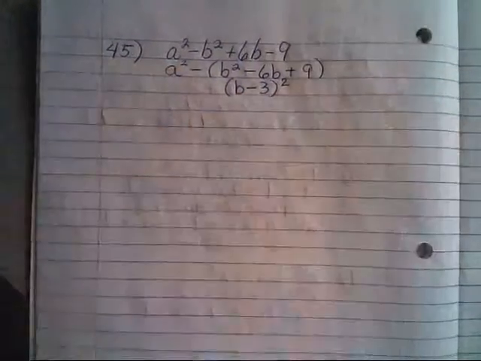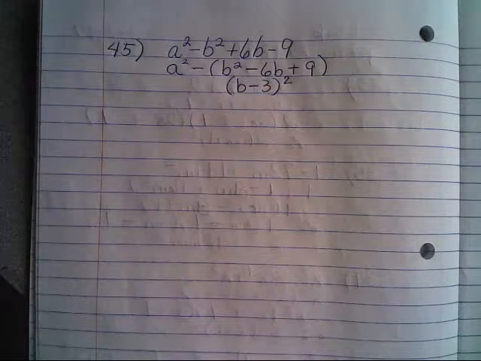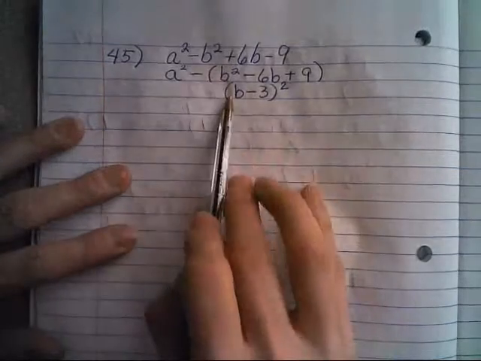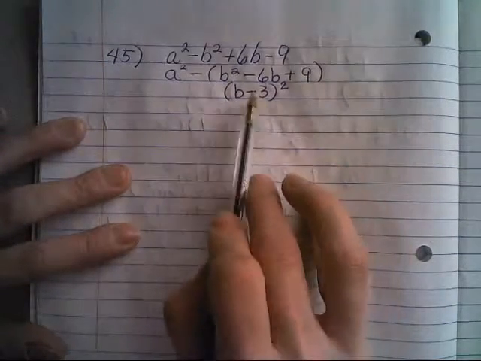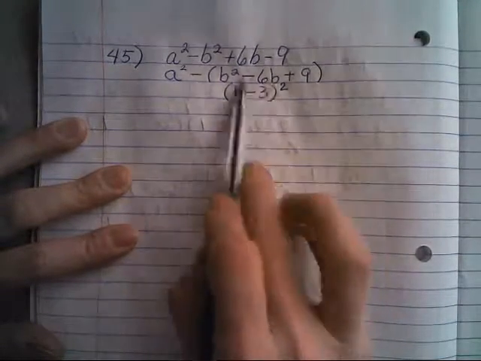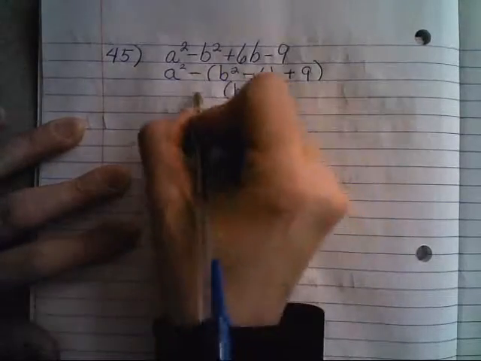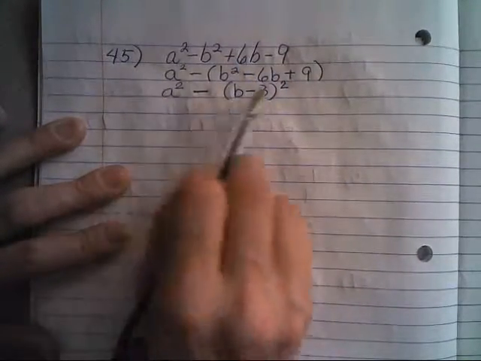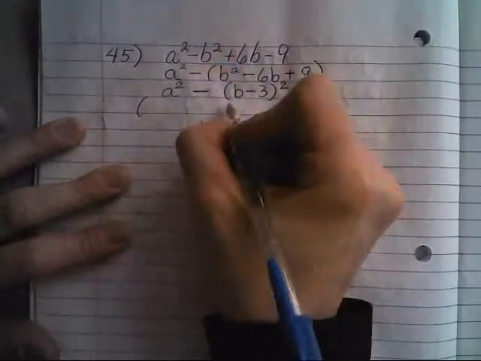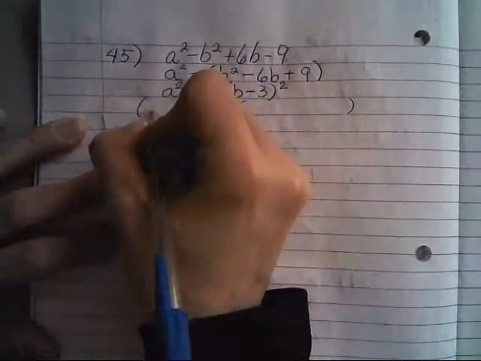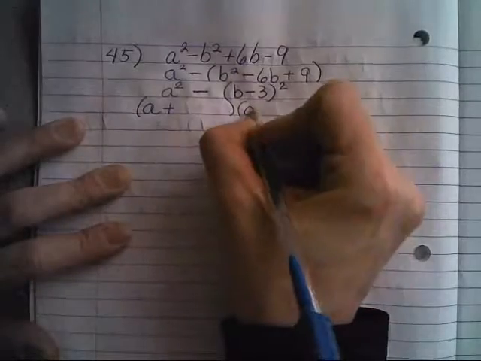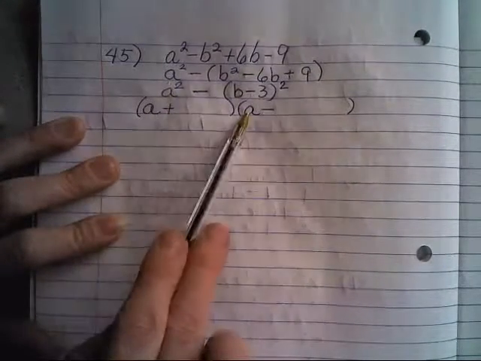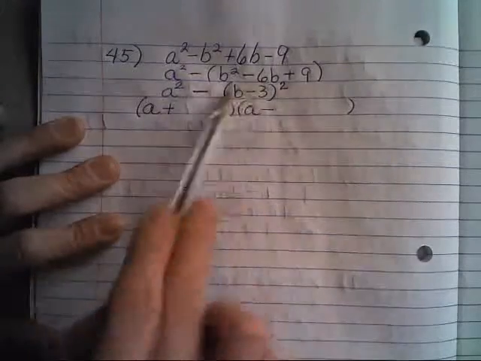And I know you're thinking, how do you know that so fast? Well, I've done these a few more times than you. But the square root of this is that, the square root of this is that, and it has to be a negative to be doubled and create that. Again, we now have a difference of two perfect squares. Here's the factor: a plus, a minus, the square root plus, the square root minus, and here's the other square root.